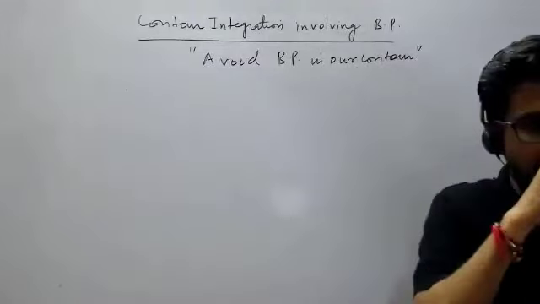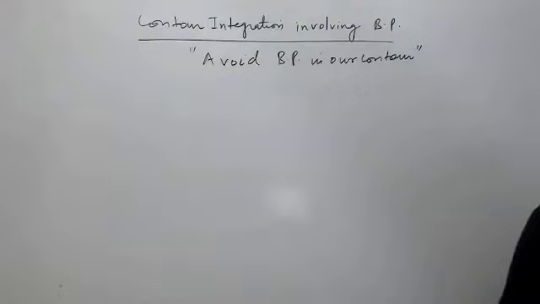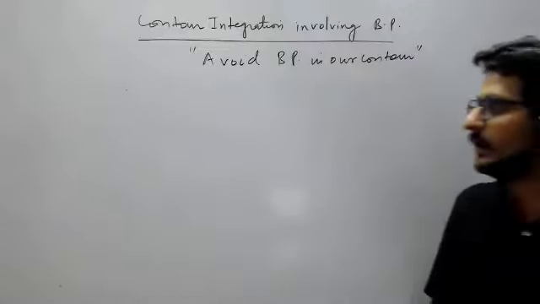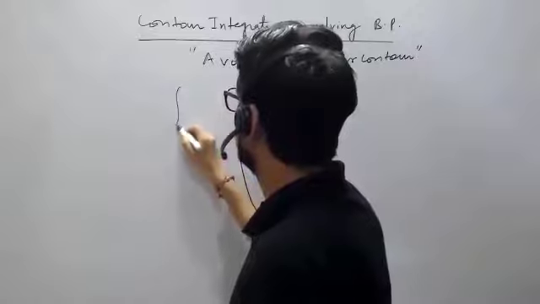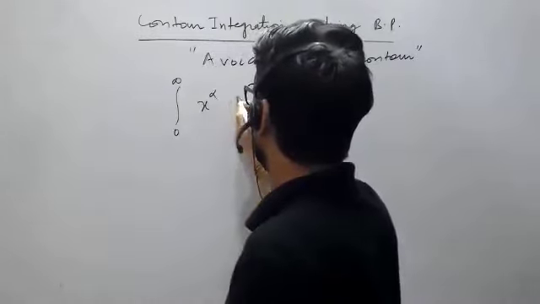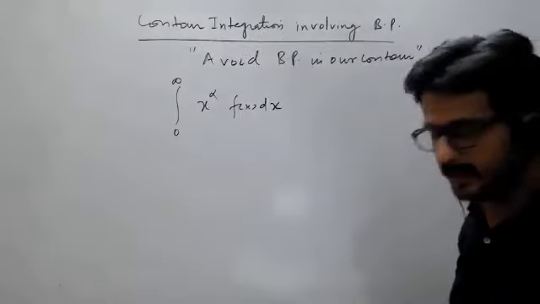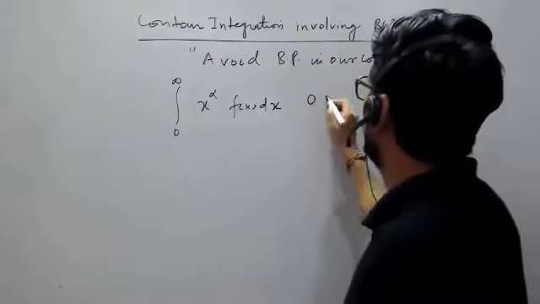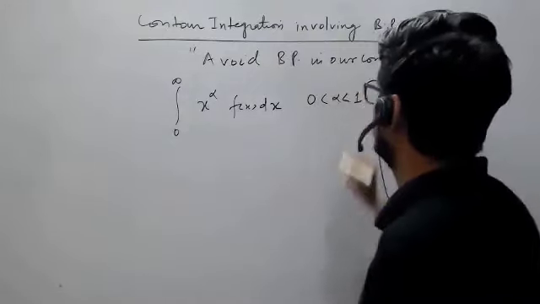Now in contour integration, we have to avoid branch points, and there is a theorem that I am going to give you. The theorem is like this. Suppose we have an integral from 0 to infinity of x to the power alpha f(x) dx. Suppose this is what you want to integrate, and the value of alpha is between 0 and 1.